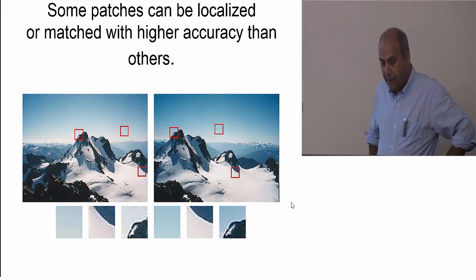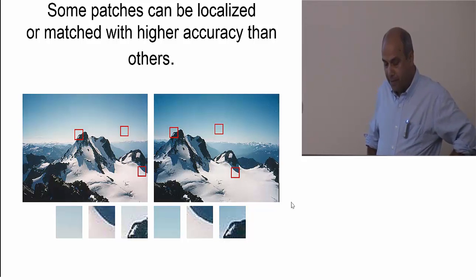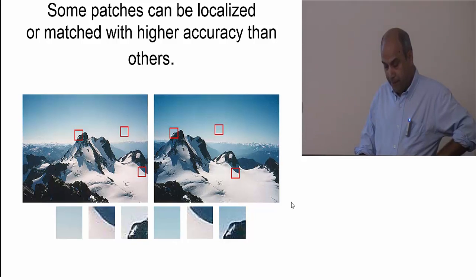So if you look at another set of these images, these are the windows shown here. Around that we are getting the descriptor. Suppose these are the interest points. Then these are the small windows around these points. It will look like that, it will look like that, and so on.